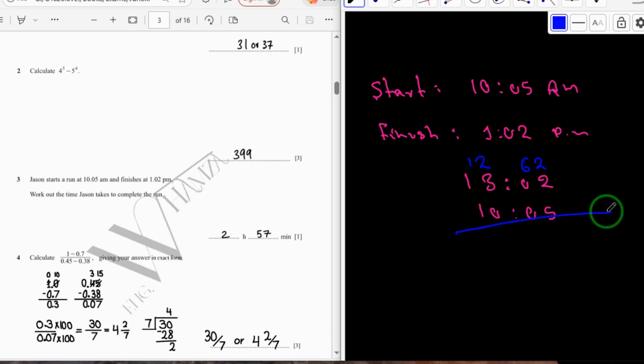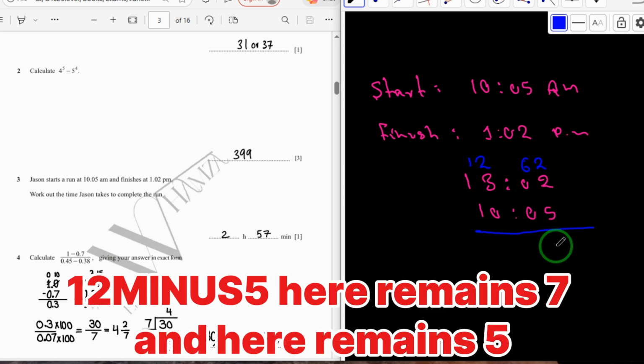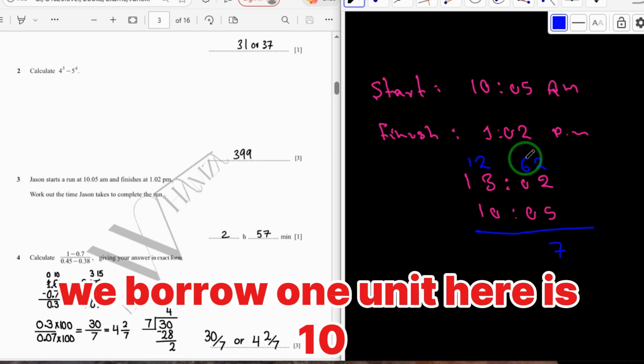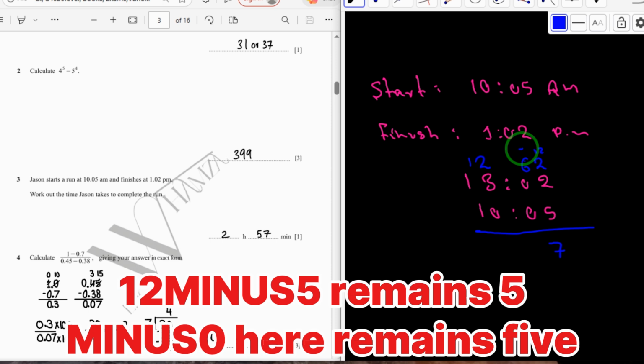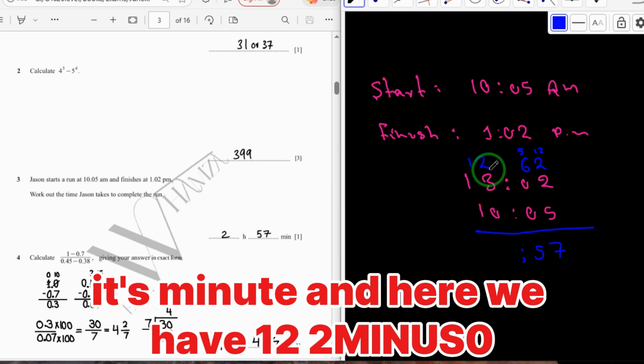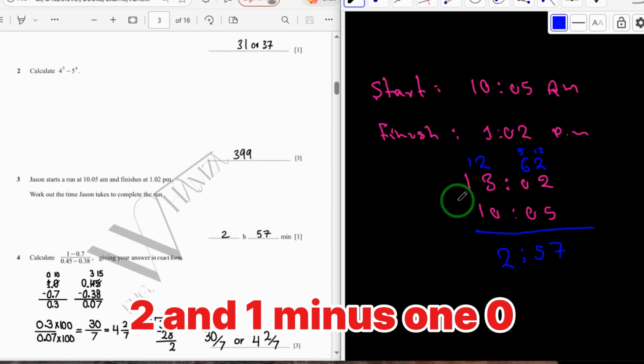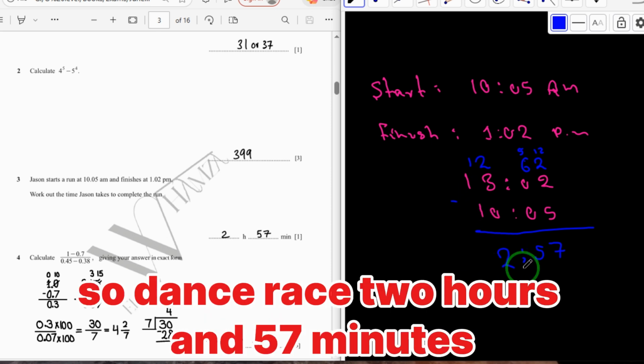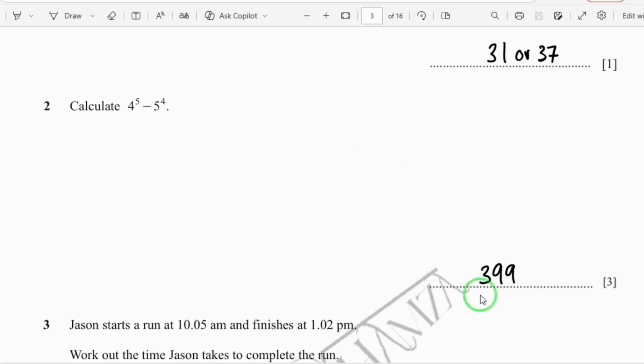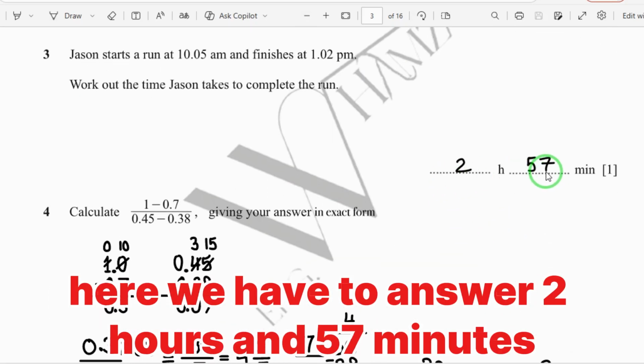Then we subtract. 62 minus 5 remains 57 minutes. 12 minus 10, 2 hours. So the answer is 2 hours and 57 minutes.